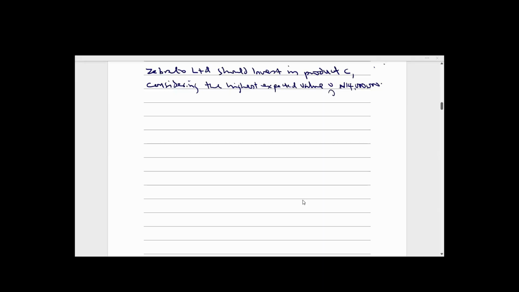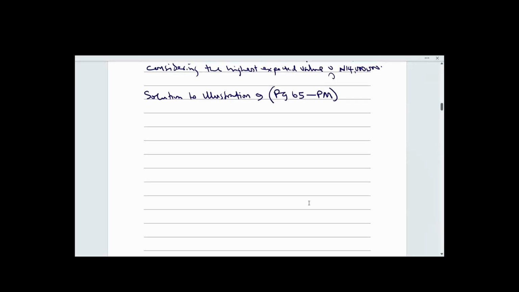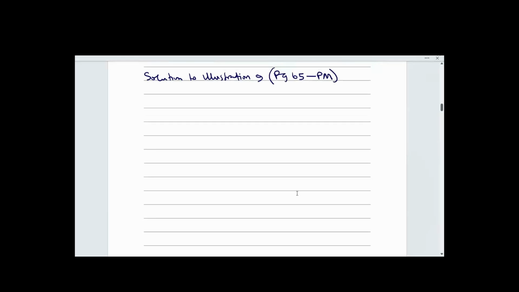So, solution, illustration 9. We are still on page 65, I think, of PM. Okay, so the name of the company is Panorama.